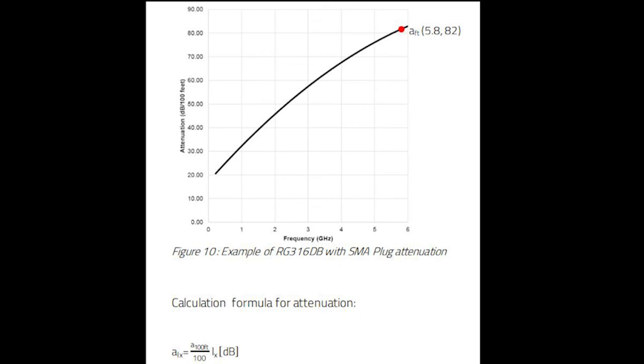The calculation of attenuation of 5 feet at 5.8 gigahertz gives us 4.1 decibels. The attenuation of 5.8 gigahertz of 2 extra feet is 1.64 decibels. The attenuation difference gets larger because of the higher working frequency point and the length of cable.